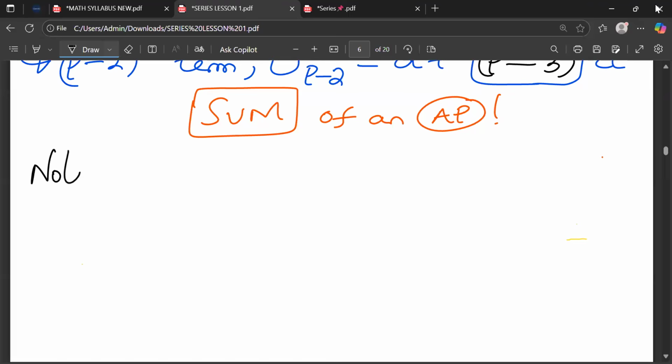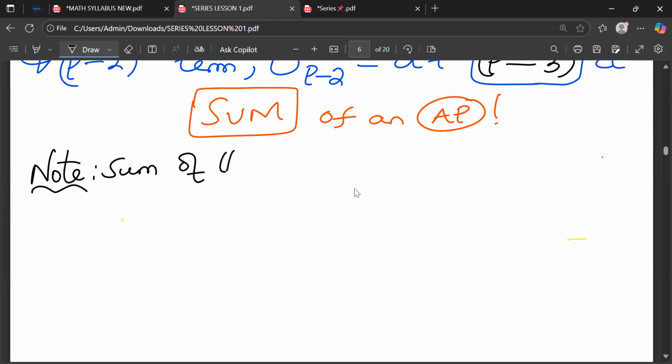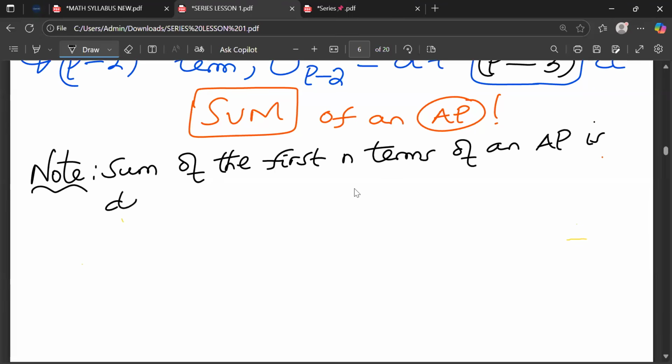First note, have it in mind that the sum of the first n terms of an AP is denoted as Sn, like that.